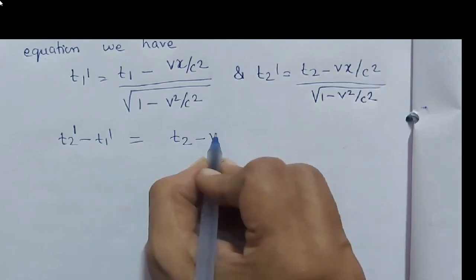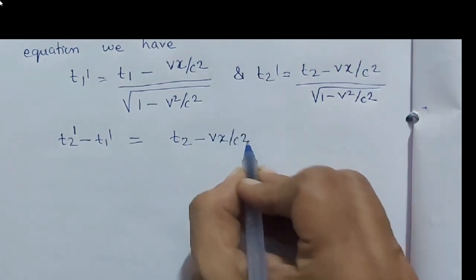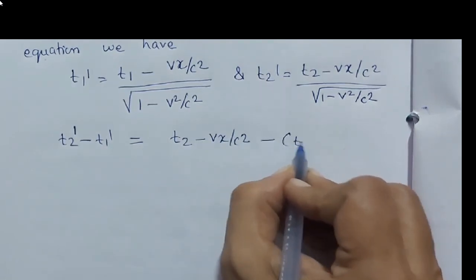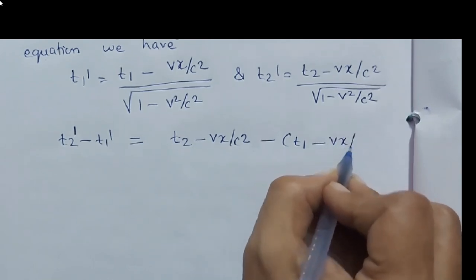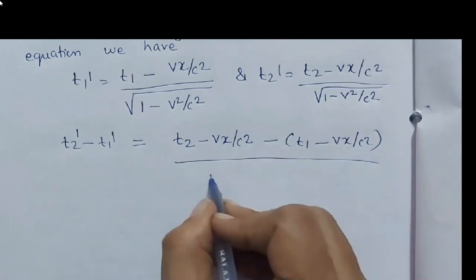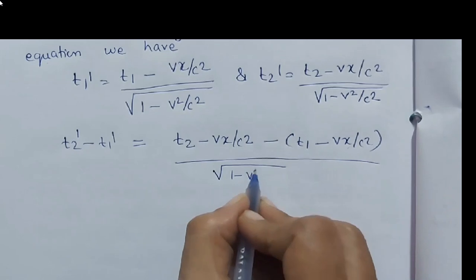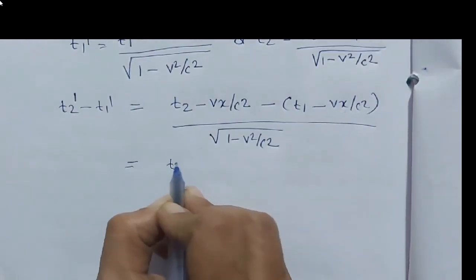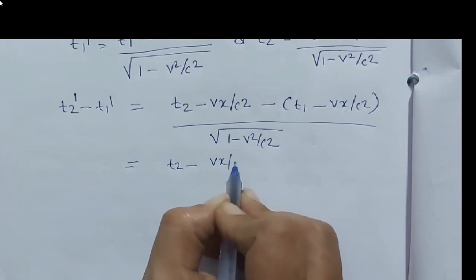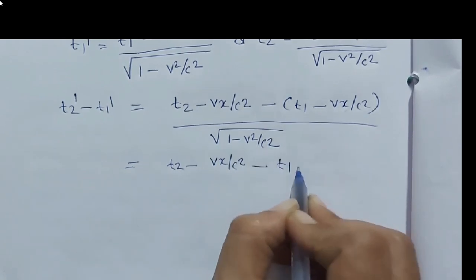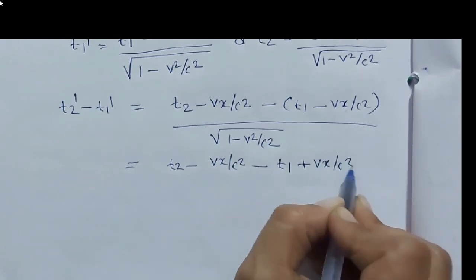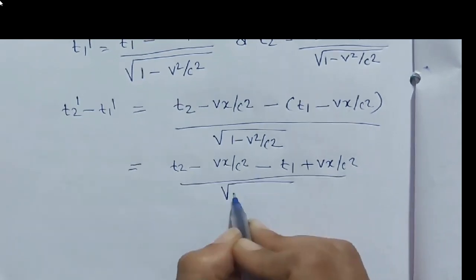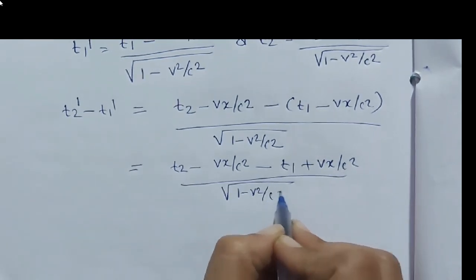t2 minus vx upon c square minus t1 minus vx upon c square upon under root 1 minus v square upon c square, t2 minus vx upon c square minus t1 plus vx upon c square upon under root 1 minus v square upon c square.